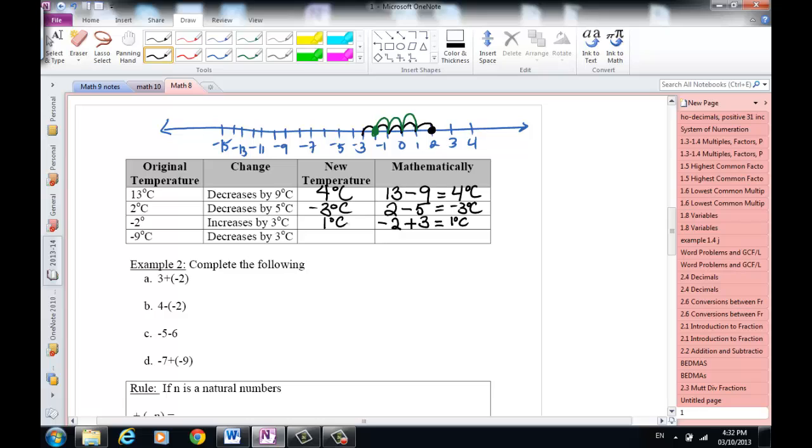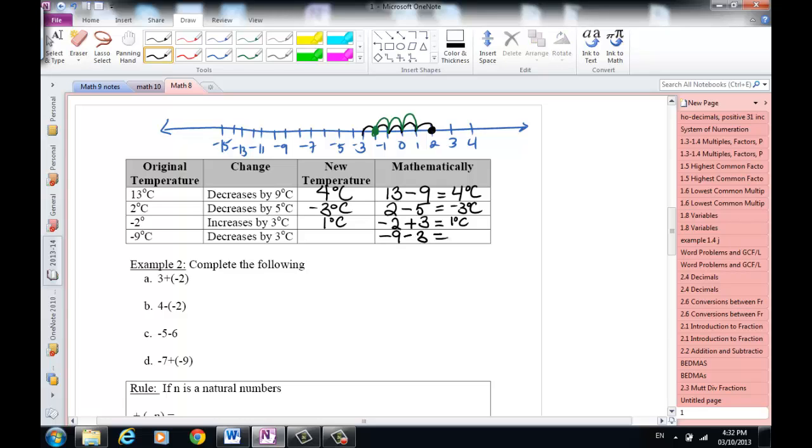You want to be able to get away from the number line so that when you get to the test, it comes quicker. But to start off with, it's okay. So the next one is, the original temperature is -9 degrees Celsius, and it decreases by 3 degrees Celsius. So we don't have to put the Celsius in until the end if you don't want to.